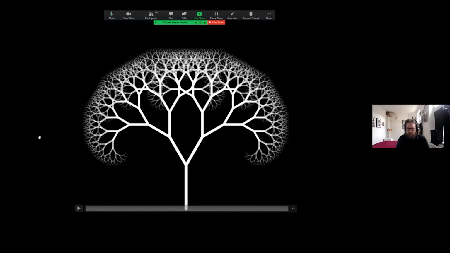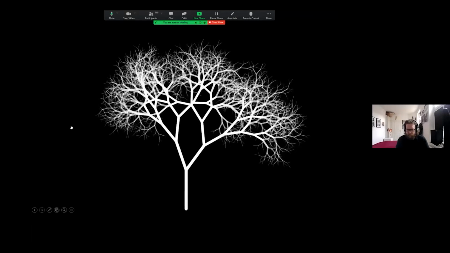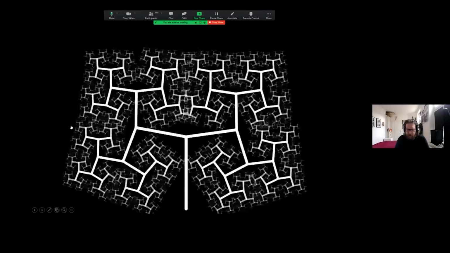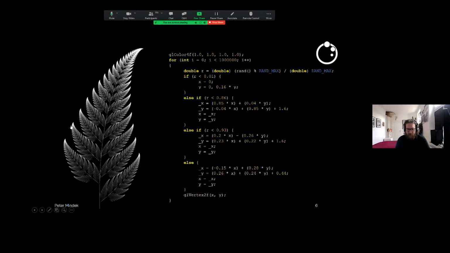We can introduce randomness to the picture, or we can control every aspect of such a generated image. So the advantage of creating images this way is that we can create very complex things with a relatively short mathematical description of what's going on in the picture.